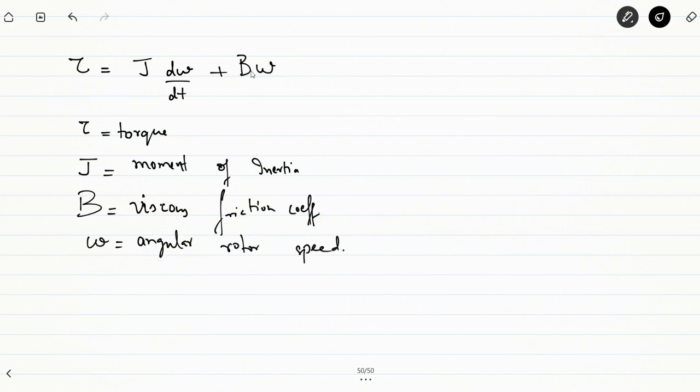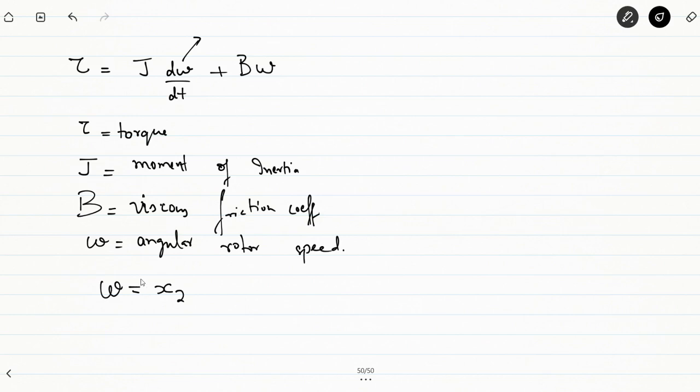From this equation, it's clear that omega is varying with respect to its differential quantity. It's differentially varying with respect to time t. We can say omega is also a state variable of the system, so we will assume omega to be another state variable, x2. This was induced because of the mechanical nature of the electrical machine.